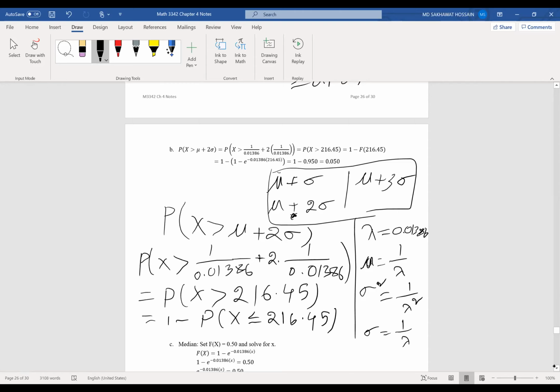If you have x greater than some number, you have to take the complement. Then 1 minus this probability, if you simplify, is 0.050. So this is the probability.